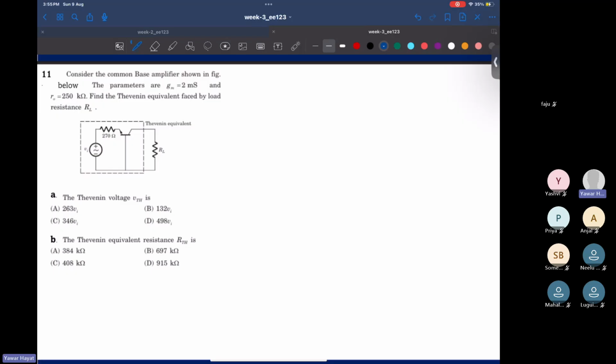Yeah, so you consider this common base amplifier. gm is given, ro is given. You need to find the Thevenin equivalent that is faced by the RL. So basically you need to compute two things, Thevenin voltage VTH and Thevenin equivalent resistance RTH.